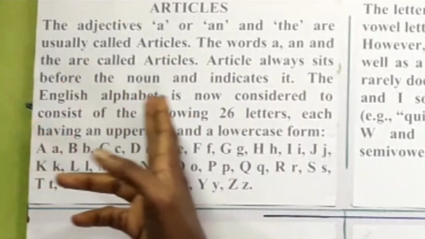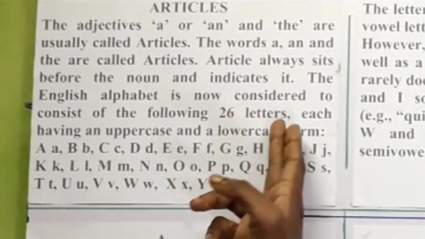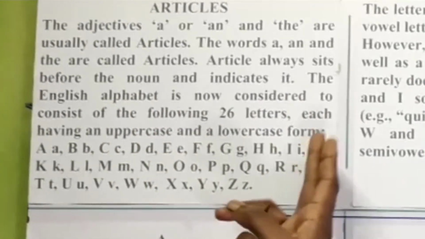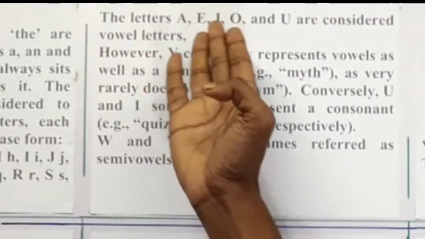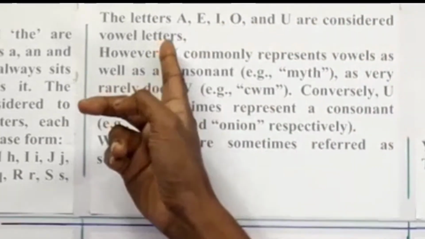The English alphabet is now considered to consist of the following 26 letters, each having an uppercase and a lowercase form. We know the letters A, E, I, O and U are considered vowel letters.